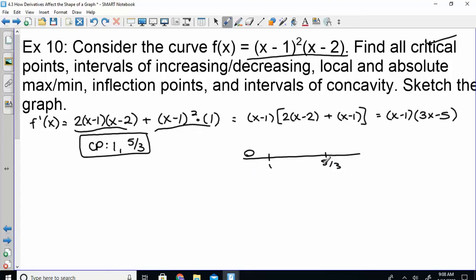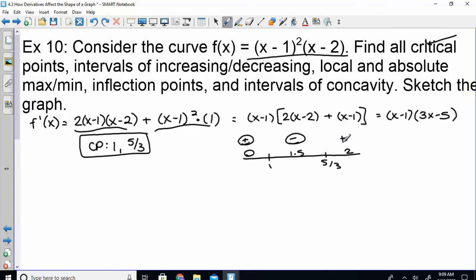In between 1 and 5/3. So 5/3 is like 1.6 repeating, so let's say 1.5. And bigger than 5/3, maybe a 2. So if I plug in a 0, we have a negative times a negative, which is positive. Plug in 1.5, we get positive times negative, which is negative.